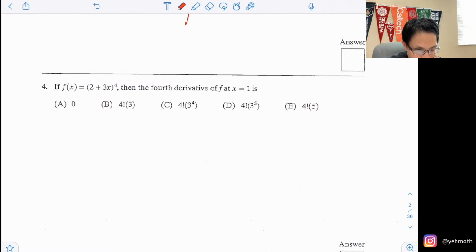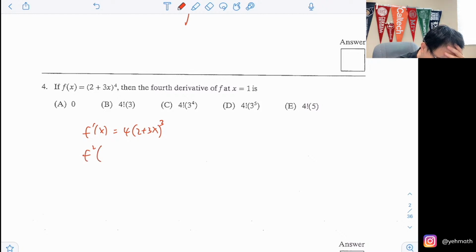Any questions here? No? Okay. I'll go over a couple more questions. So number 4, this one is actually interesting. This one is about factorials. If I take the first derivative of f of x, that's going to give you 4 times (2 plus 3x) to the third.